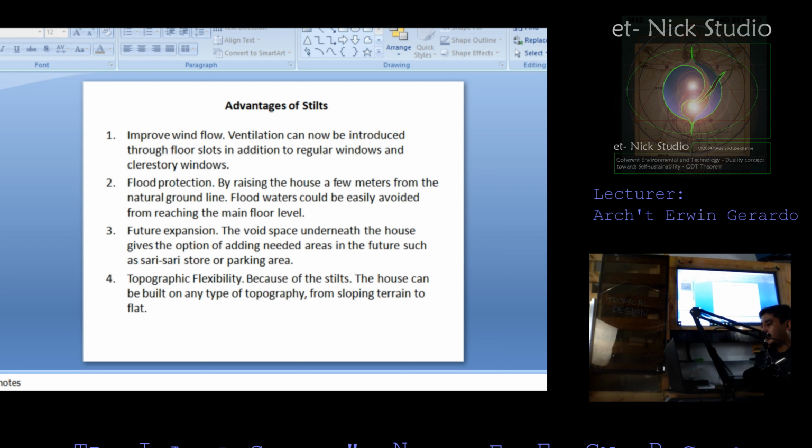The void space underneath the house gives the option of adding needed areas in the future, such as a sari-sari store or parking area. Number four, topographic flexibility. Because of the stilts, the house can be built on any type of topography, from sloping terrain to flat.